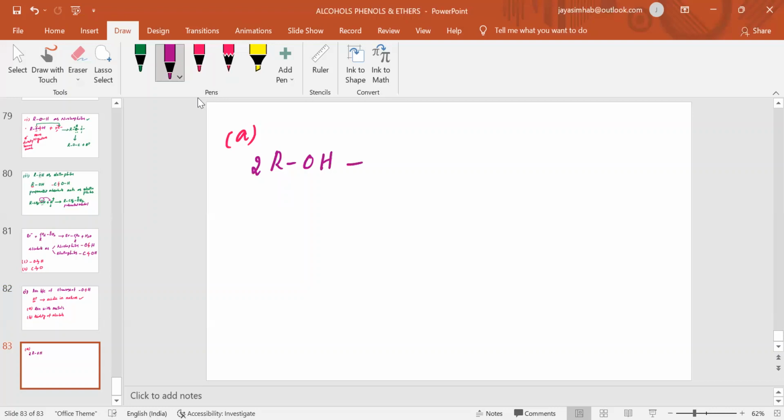This is very, very important. So we will take 2 atoms of sodium always, balancing the stoichiometry of the reaction. So 2RONa, metallic alkoxide, plus hydrogen gas. This is very, very important. In any case, if you take this sodium alkoxide.